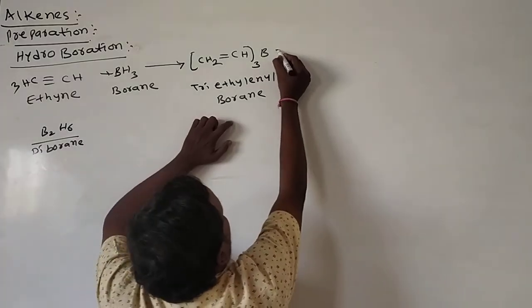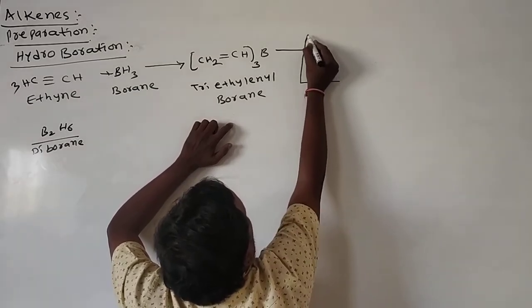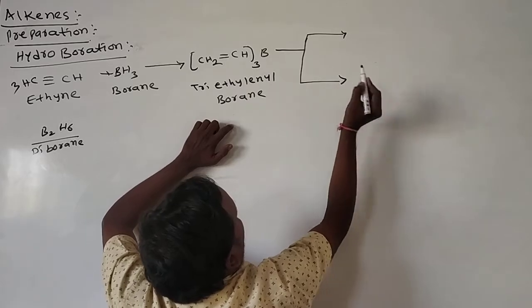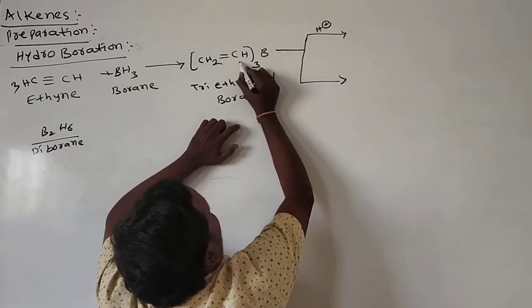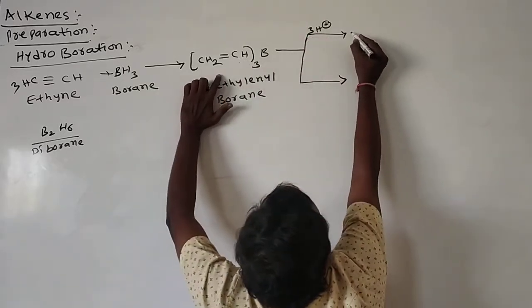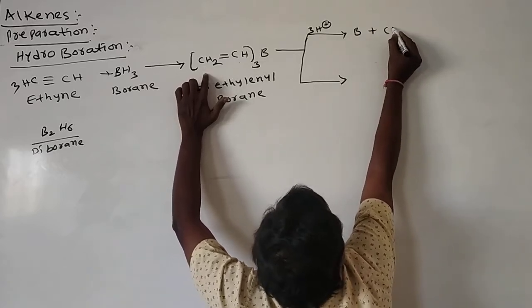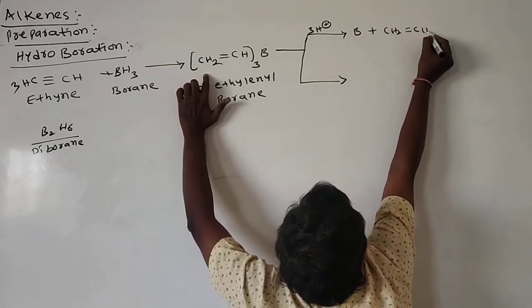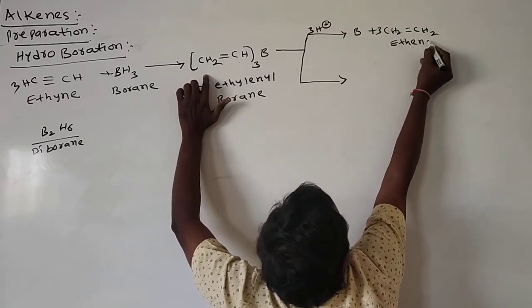This triethyl borane is involved in various reactions. In the presence of H plus ions, 3 H plus ions add here, and we get the boron along with CH2 double bond CH2, 3 moles. Ethene was formed.